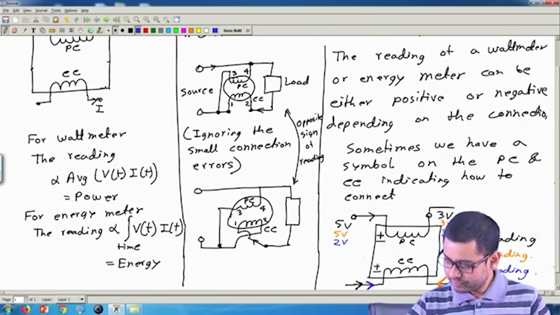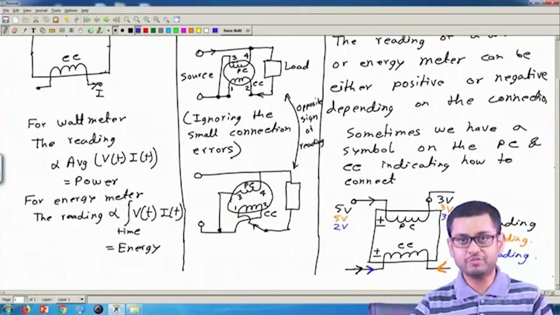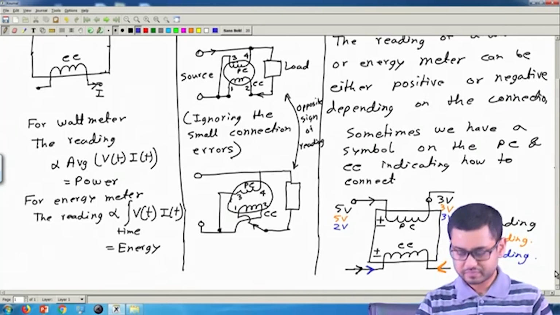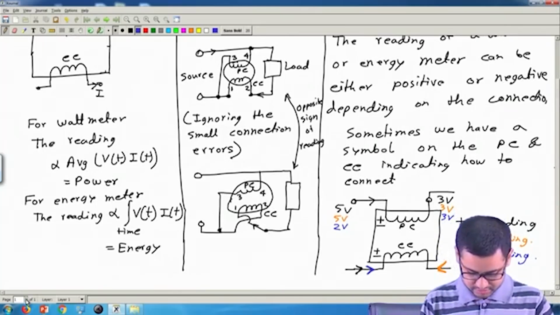Okay. So, now let us move to 3-phase wattmeter connection. Okay.